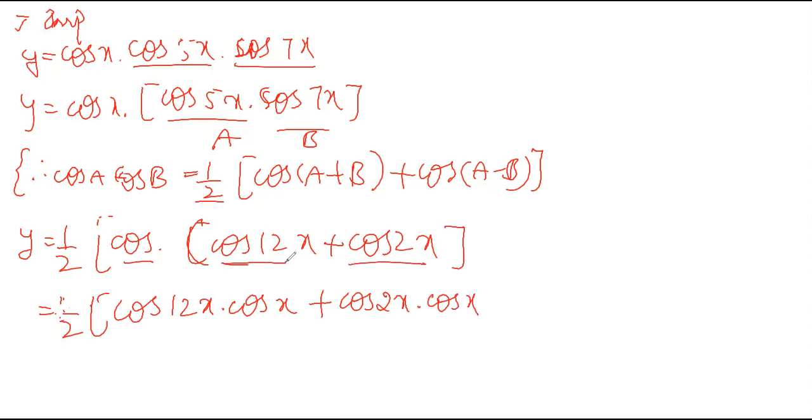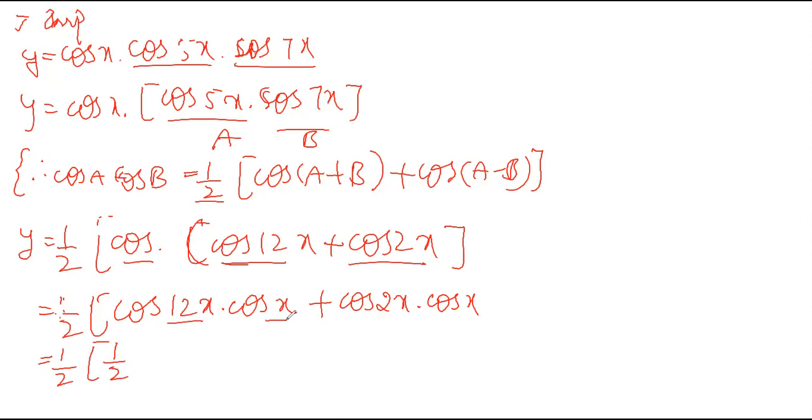Okay. After that, you know that one. Here 1 by 2 as it is. Then cos 12x into cos x plus cos 2x into cos x is there. Here A into B. Cos A into B plus cos A into B. I write here 1 by 2 into, again apply the cos A cos B formula.